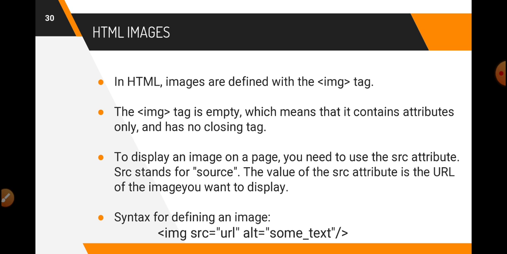Alt stands for alternate or alternative text. That means if the browser is not able to locate the image that you want to display, this alternative text will be displayed.